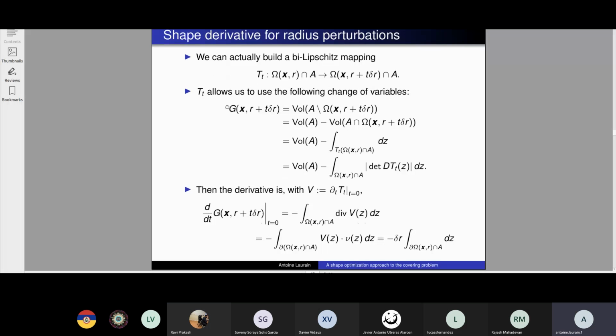So we write G as an integral. It's like the volume of A, which is a constant, minus the integral on the capital T applied to omega intersection with A. And then we do the change of variable, and we get an integral on omega intersection with A. So this is the usual thing that we do in shape optimization. It's all change of variables, basically.